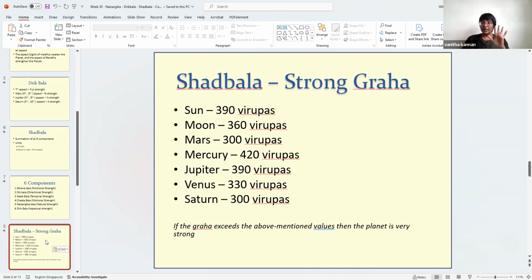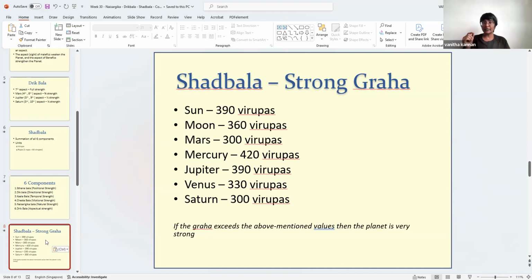If the sun has 390 Virupas, that is the minimum. At least 390 Virupas, then it is considered a strong graha. That means for this particular Jataka, if the sun has 390 Virupas, then the sun is in a very good position. The Shadbala for this Jataka, particularly for the sun graha, is the strongest one.